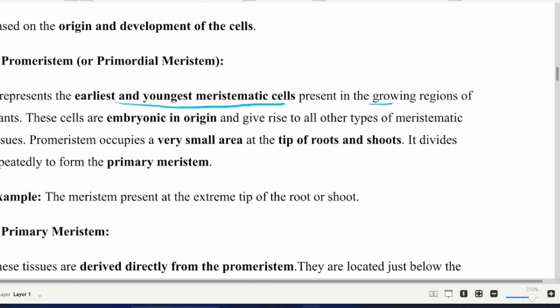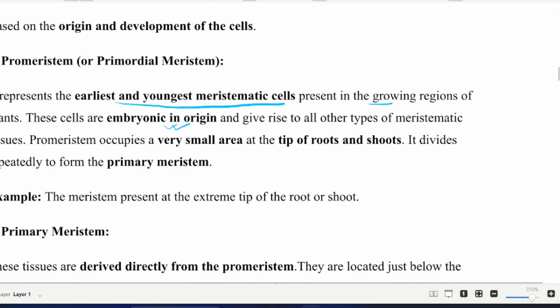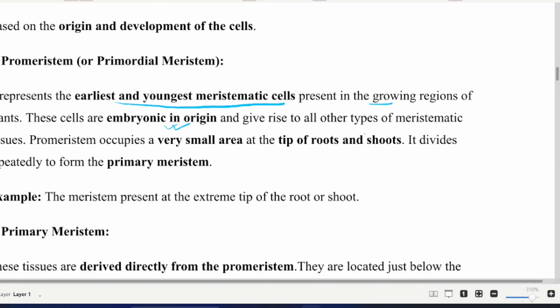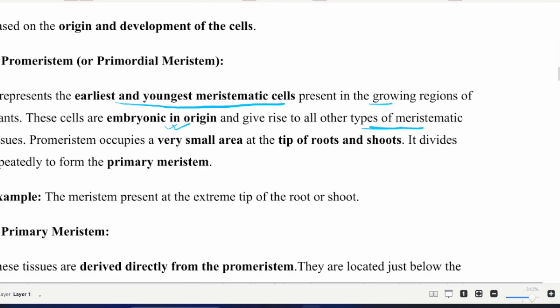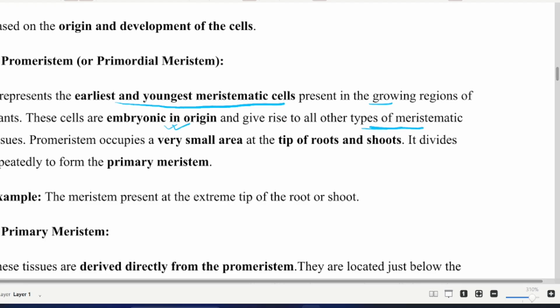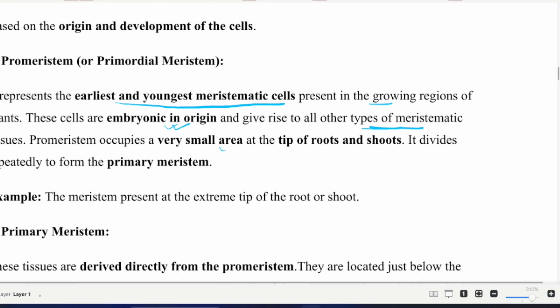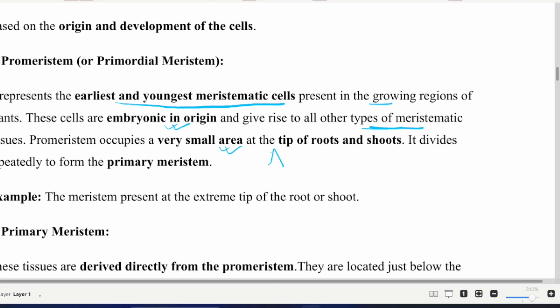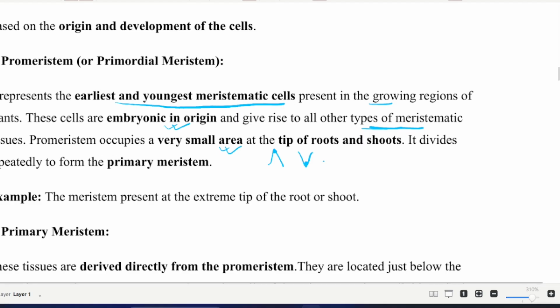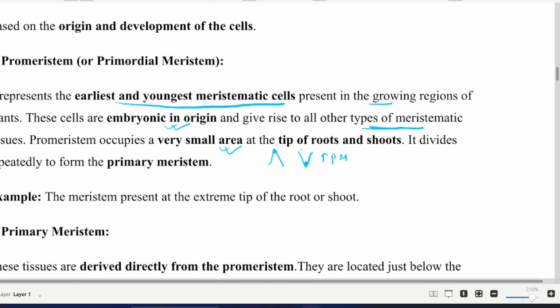These are embryonic in origin and give rise to other types of meristematic tissues, as it occupies a very small area at the tip of roots and shoots, and it divides repeatedly to form the primary meristem.